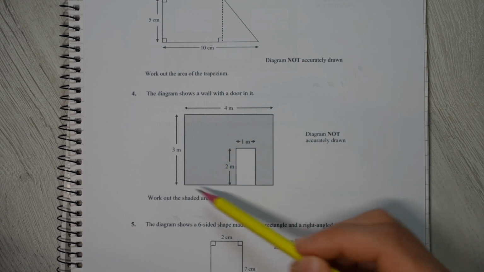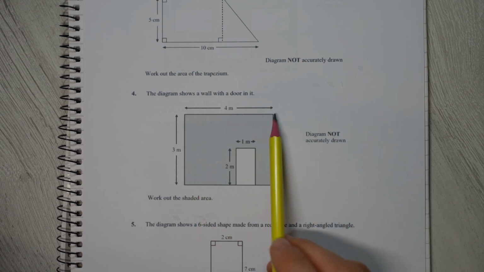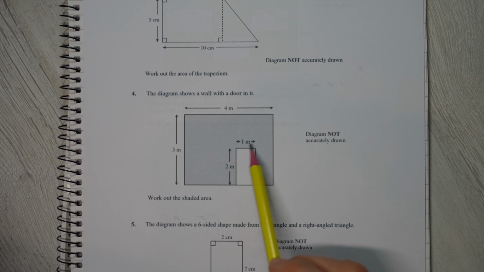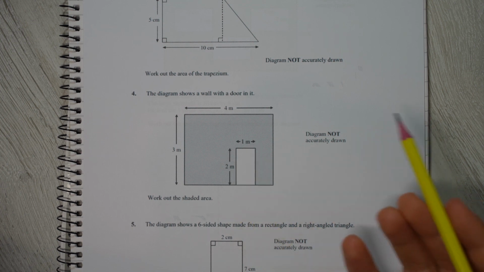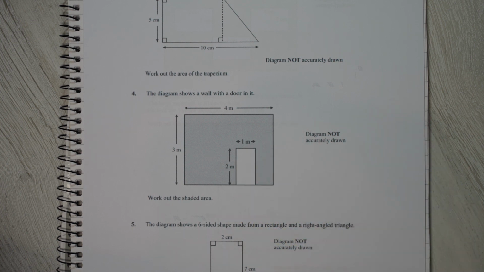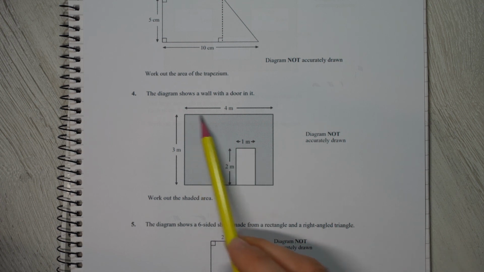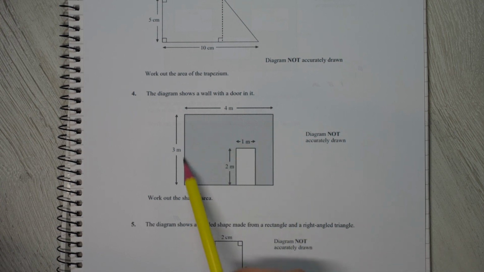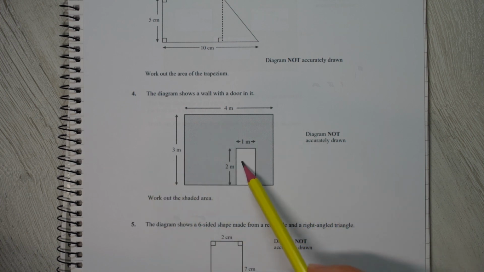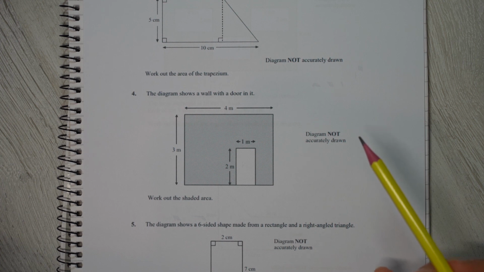In this case, because we have this wall and the door in it, it's best to use the subtracting method. So we find the area of this rectangle by multiplying 4 times 3 and then subtract the area of the white part.